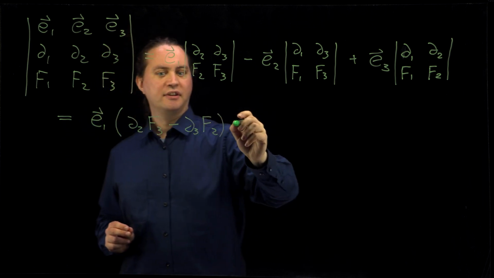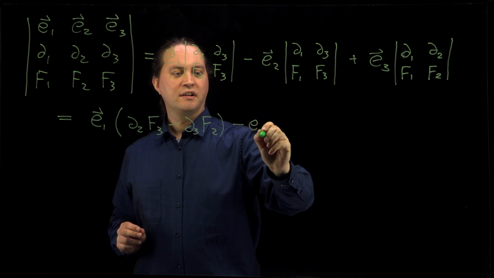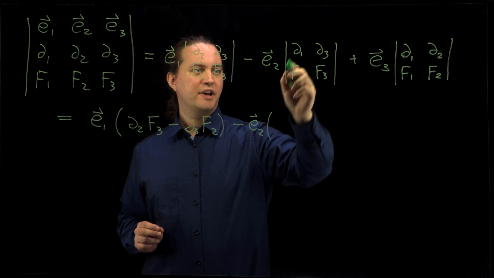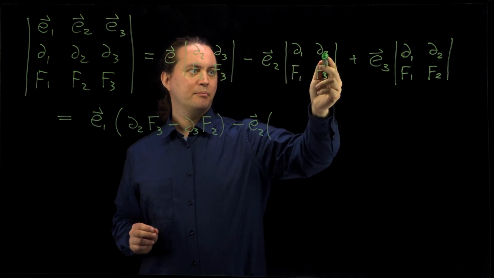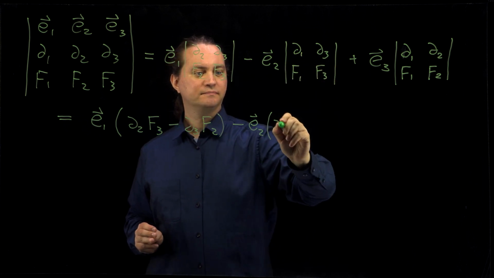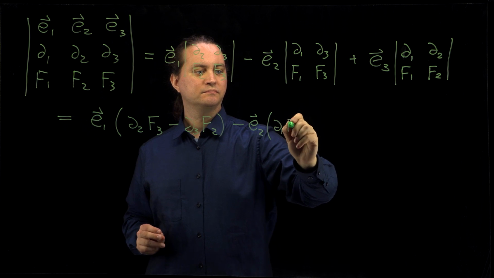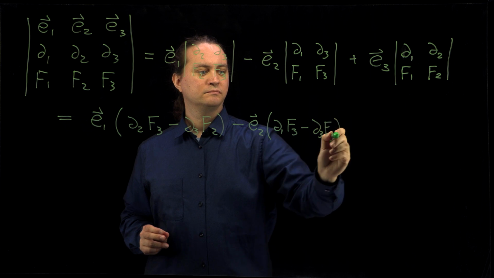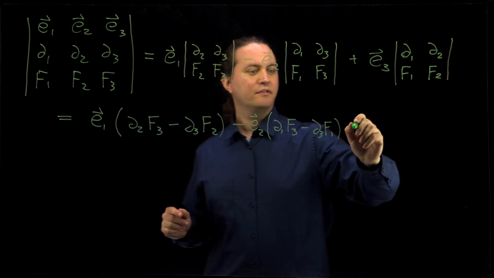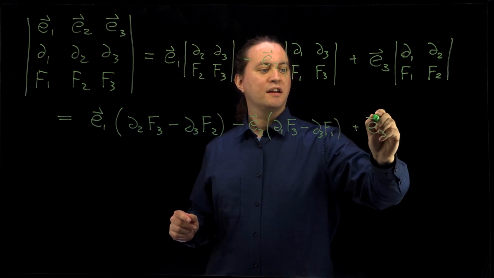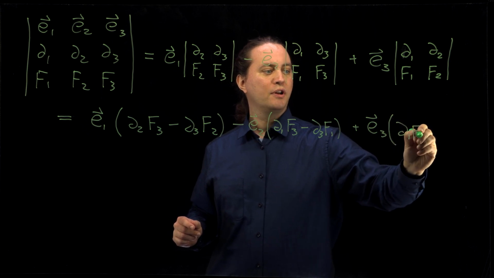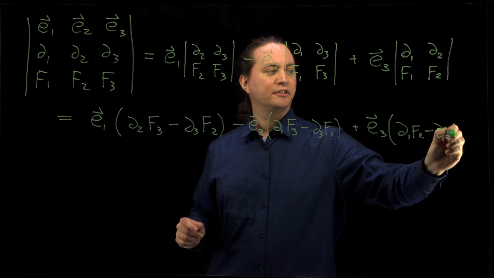Similarly, we get negative E2 of del1 F3 minus del3 F1. And lastly, we get E3 multiplied with del1 F2 minus del2 F1.